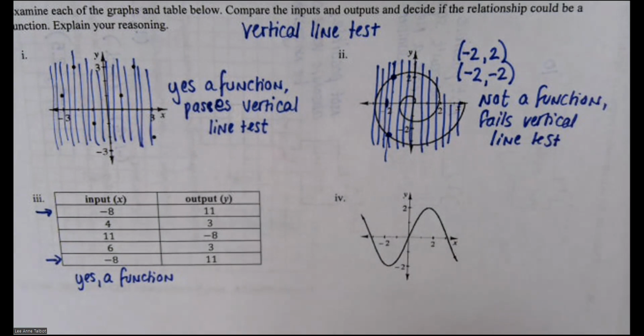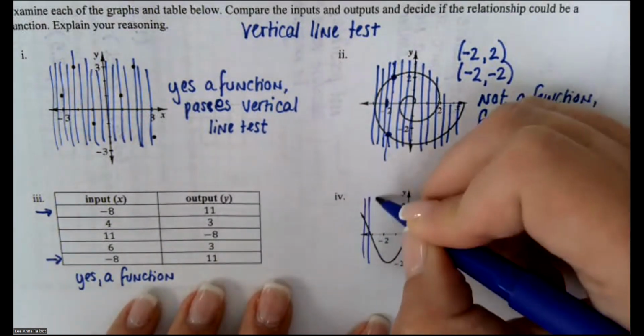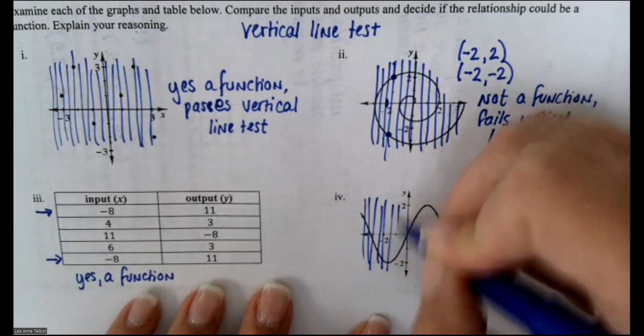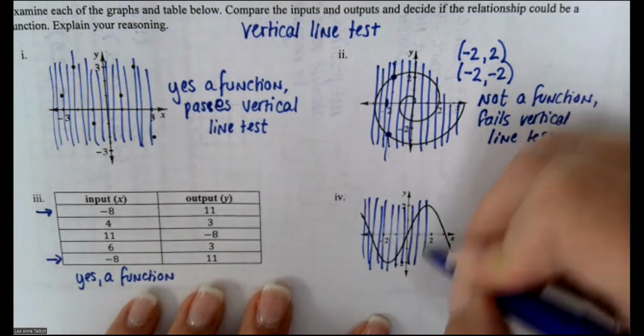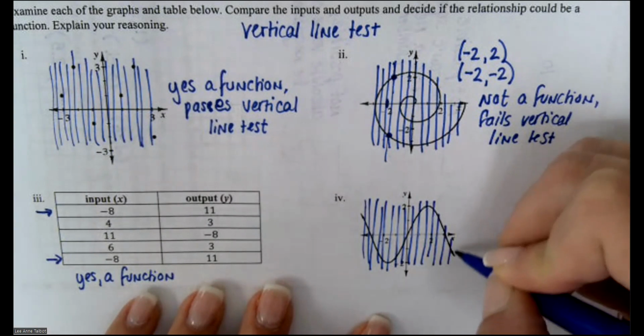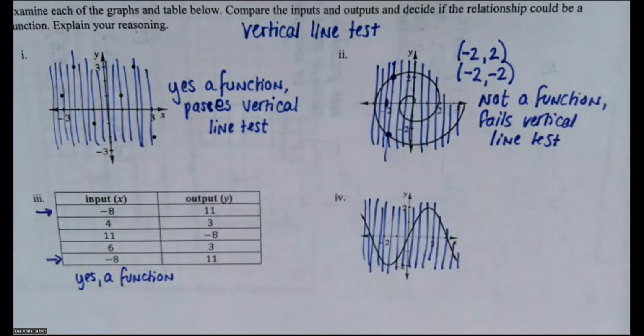Why did he go that way and then this way? Okay. Did my vertical lines touch the curve more than once anywhere? No. That means we're good.